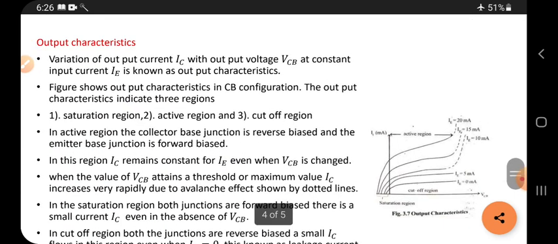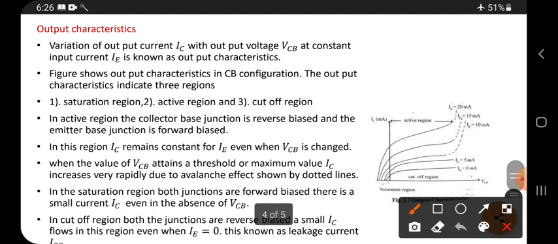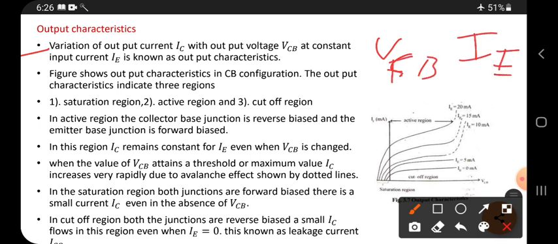Next, output characteristics. The variation of output current IC with the output voltage VCB at constant input current IE is known as output characteristics. In input characteristics, we changed VEB and noted IE, but we kept VCB constant.